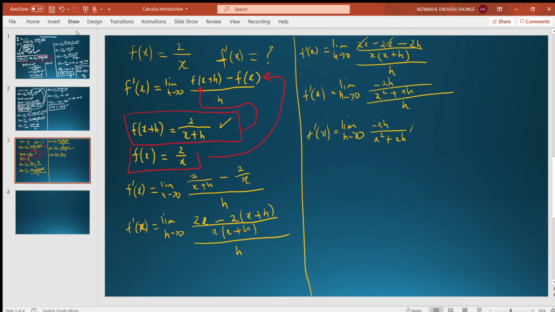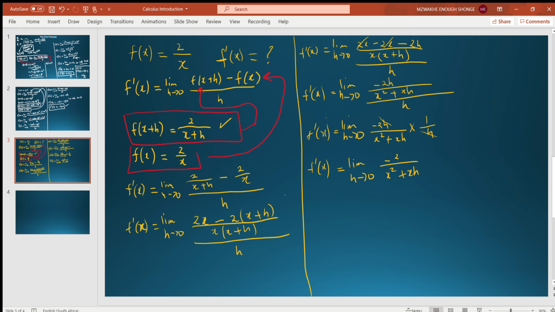You can say this is multiplied by 1 over h. You see? Then this h will cancel that. Then we'll have f prime of x equals the limit as h approaches 0 of minus 2 over x squared plus xh.